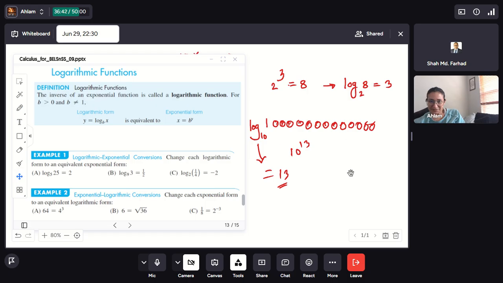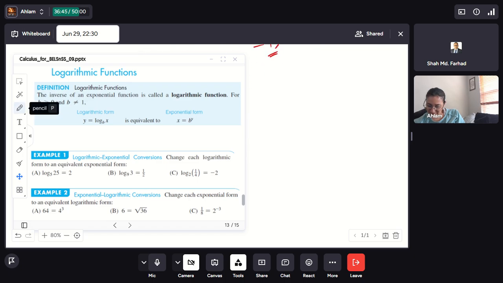Basically, the relation of logarithm with the exponential is that y equals log base b of x is equivalent to x equals b power y, which I have already mentioned.